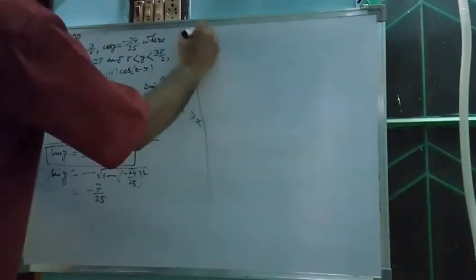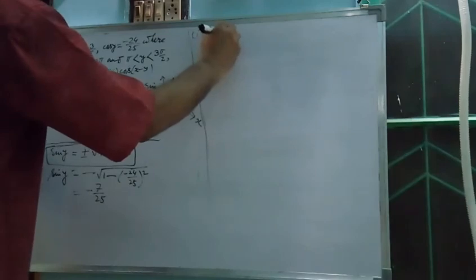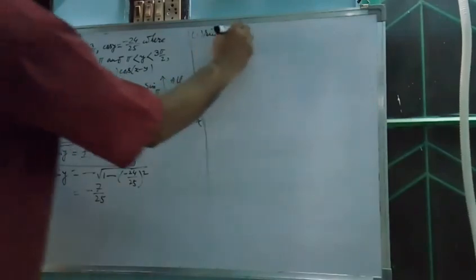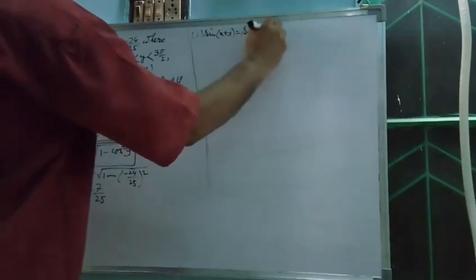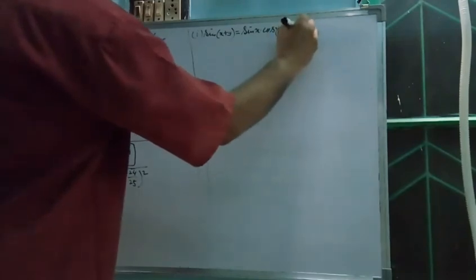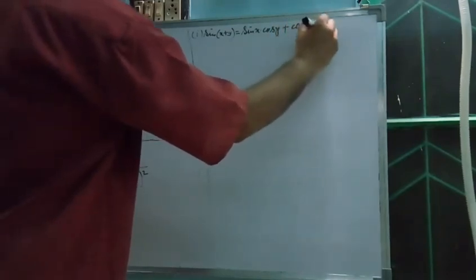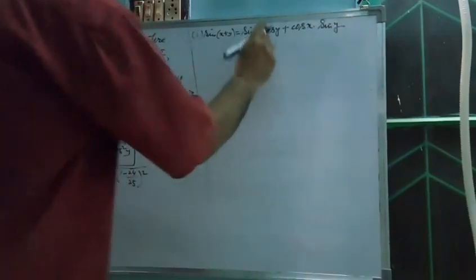Number 1, you have to find sin(x+y). Sin(x+y) can be written using the formula for sin(a+b), that is sin x cos y plus cos x sin y. Now put the values.